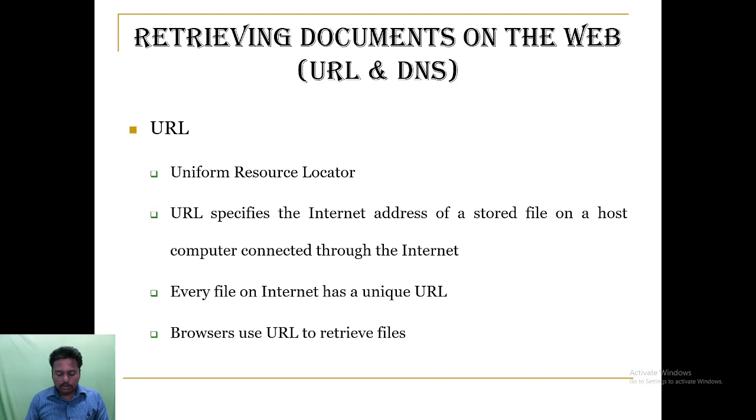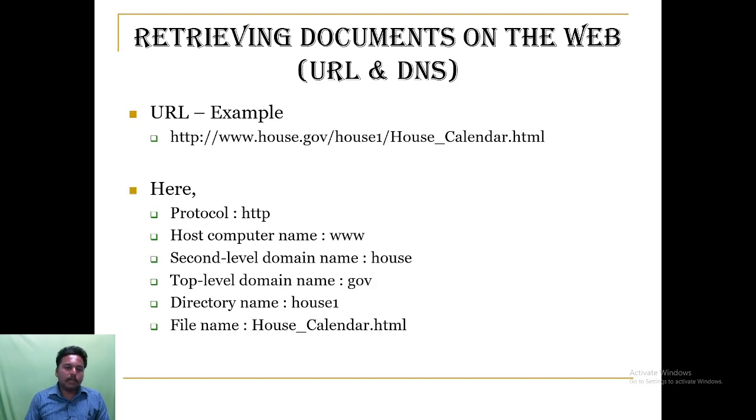Browsers use URLs to retrieve files. As an example: http://www.domainname.gov/ and then pages. Here HTTP is the protocol, the host computer name is www, and the second level domain name is Google.com, where Google is the second level domain name.